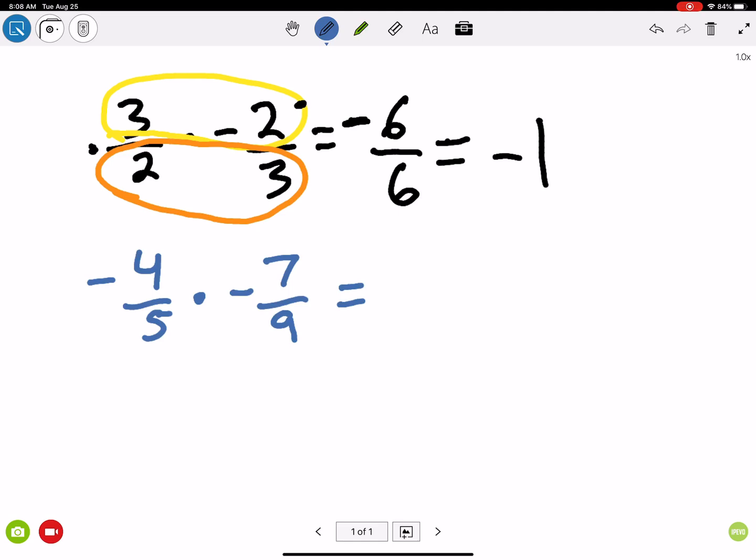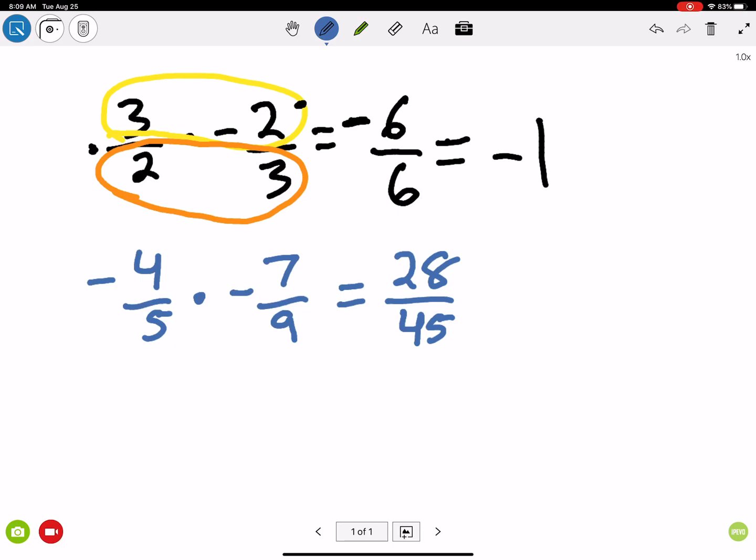There's one negative on 4/5 and there's one negative on 7/9. So that means that my answer when I multiply negative times a negative has to be positive. So I can keep that in mind, or I can do that after. It doesn't matter. Now I just multiply straight across. Well, 4 times 7 is 28, numerator times numerator. And denominator times denominator, 5 times 9 is 45, okay? And that's my answer.